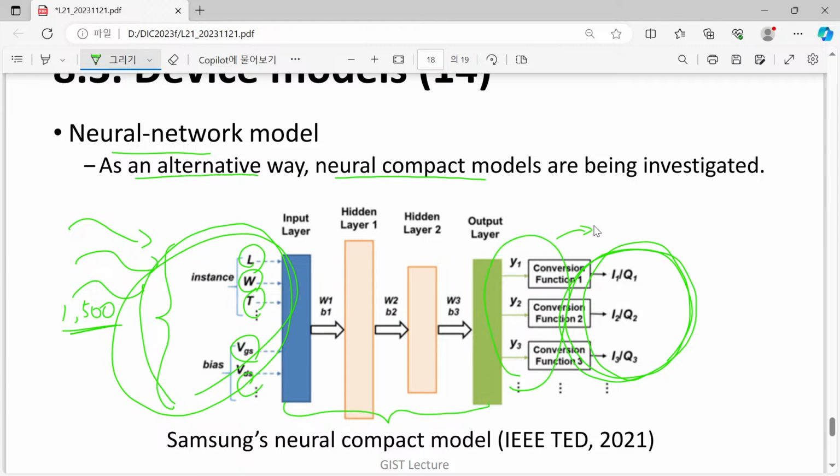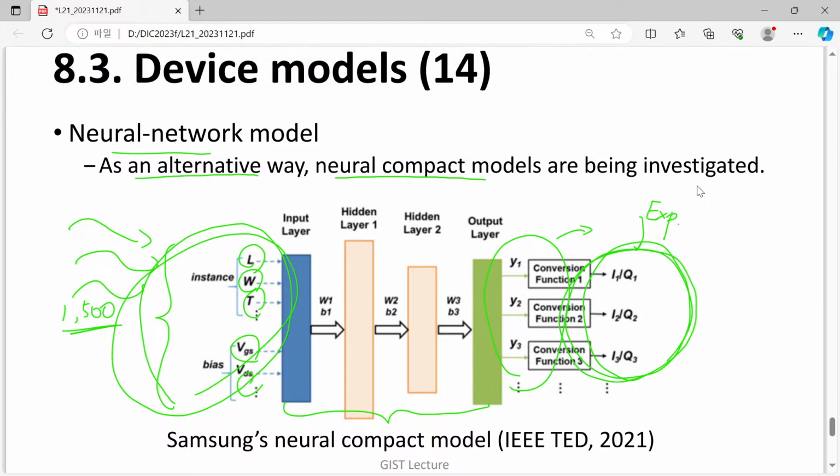Of course, that will be quite awful at first glance, and it is just trained with experimental data for your MOSFET. If you have a sufficiently large amount of experimental data, then you can train this neural network.